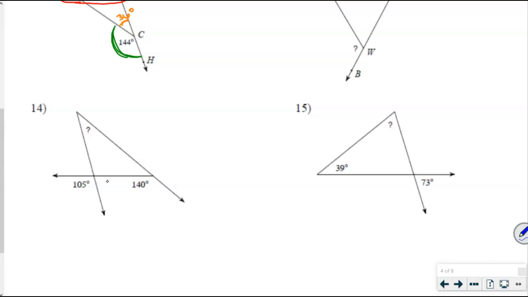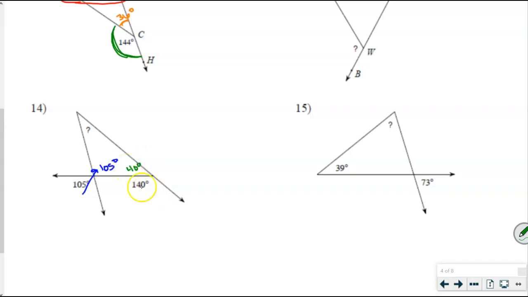Good. We have vertical angles. 105 means this one is going to be 105 due to vertical angles. Good. What else do I know? Let's go Daxton. Good. Supplementary angles. I love that you guys are using the vocabulary. We have supplementary angles. It adds to 180. 140 of it is already here.